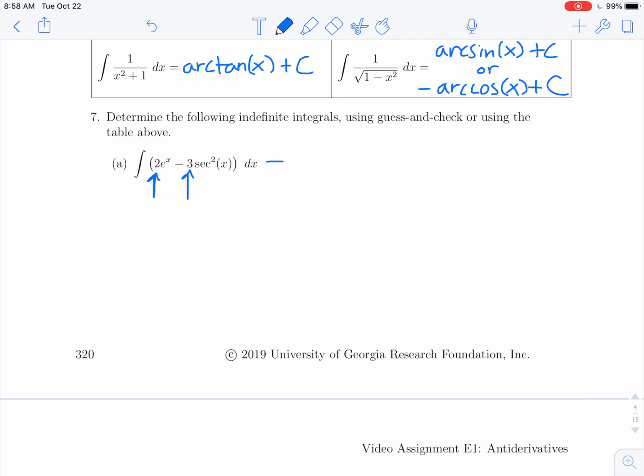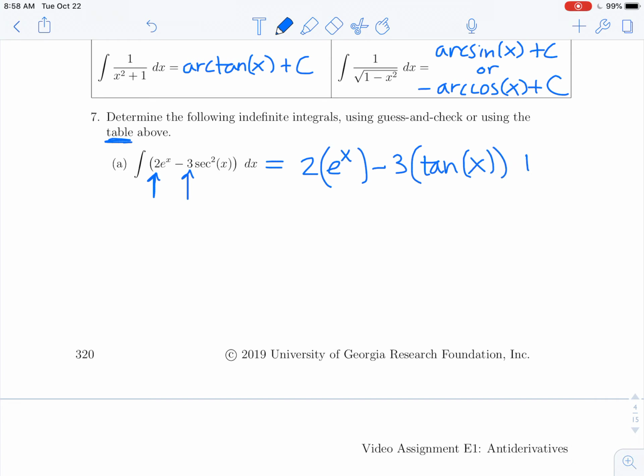So in this case, we can do 2, and then the indefinite integral of e to the x is e to the x based on the table. And then minus 3, indefinite integral of secant squared of x is tangent of x.